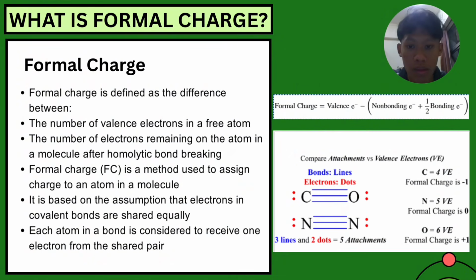Now we put it into the formula: 4 minus the non-bonding electrons for C, which is 2, and the bonding electrons for C, which is actually 6. Half of 6 is 3, plus the non-bonding electrons of 2, the total is 5. Then we subtract this from the valence electrons, and we get negative 1. So the formula is proven.